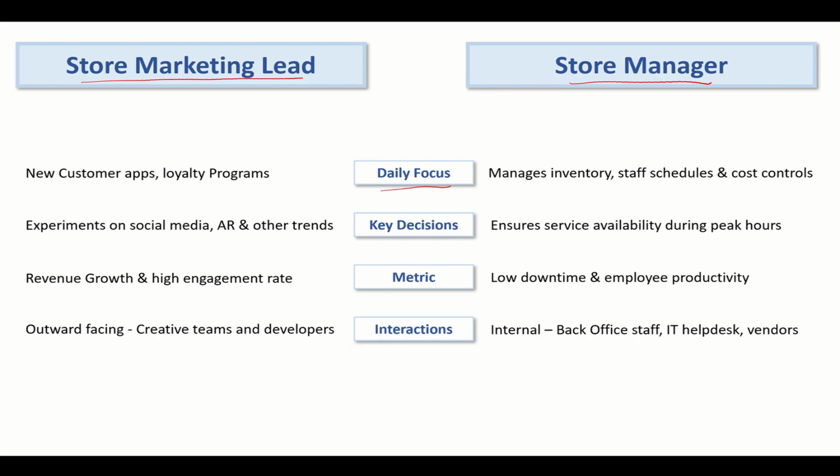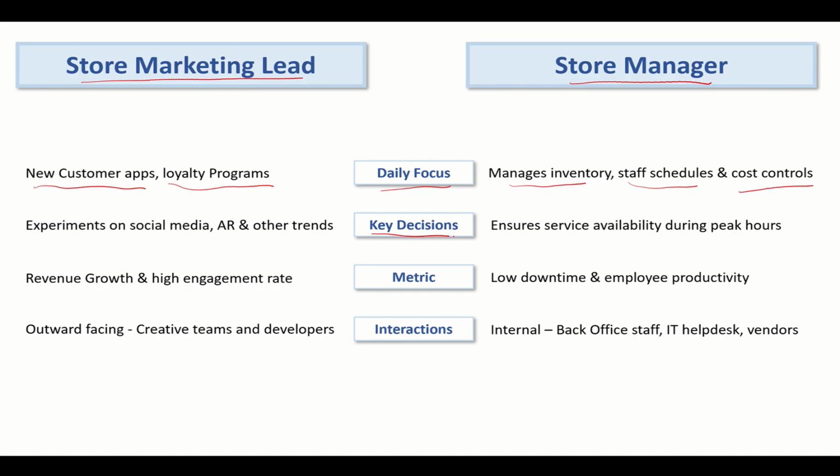The focus area for the store marketing lead is new customer application development and bringing in more loyalty programs so that more traction from existing and, most importantly, new customers can come in. For a store manager, the focus is on managing the existing inventory, staff schedules like rostering and scheduling them, and finally cost control.